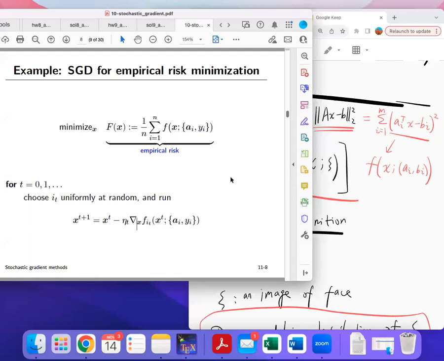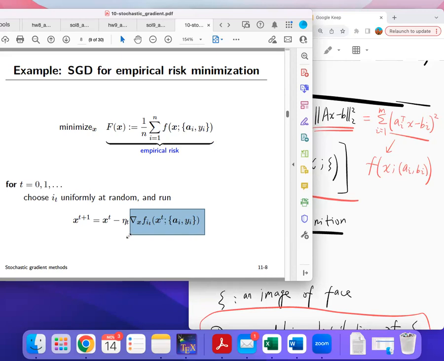in expectation, if you take expectation of this sample-based gradient, it will equal the gradient of the capital F. Because i_t is a uniform distribution, by taking expectation, it's essentially a sample average of all the data samples.